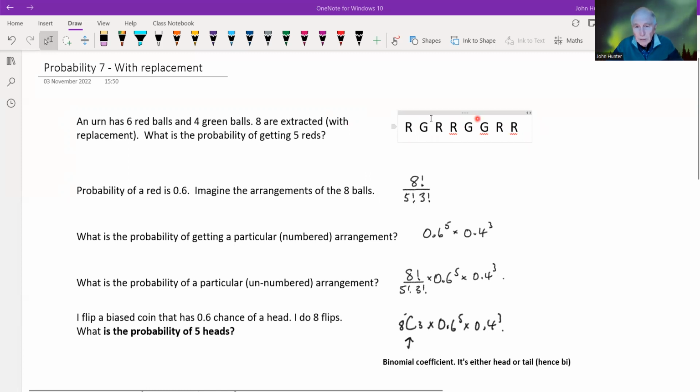Now this one has got 5 reds, but other trials may not have 5 reds, some different number. And what we want to know is the probability of getting 5 reds. Well, what we're actually looking at is the probability of getting 5 reds and 3 greens, because the probability of a red is 0.6 and a green is 0.4.